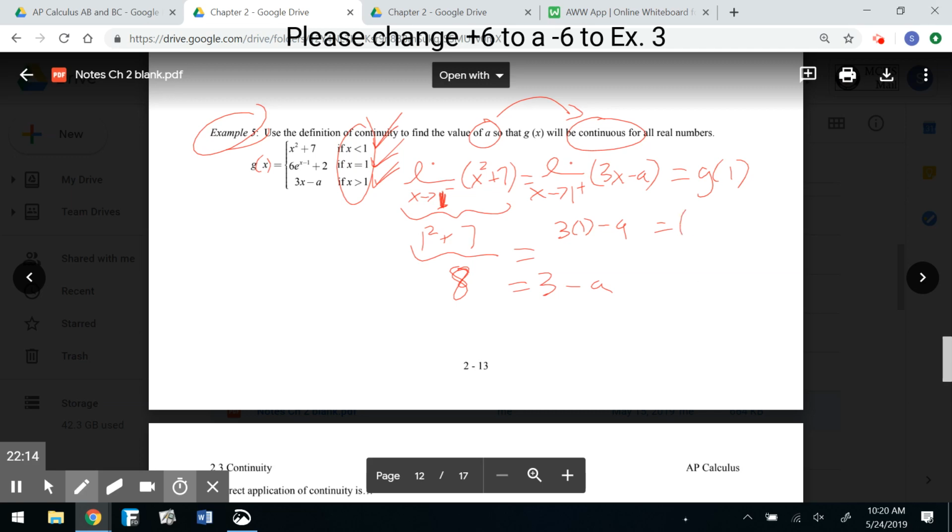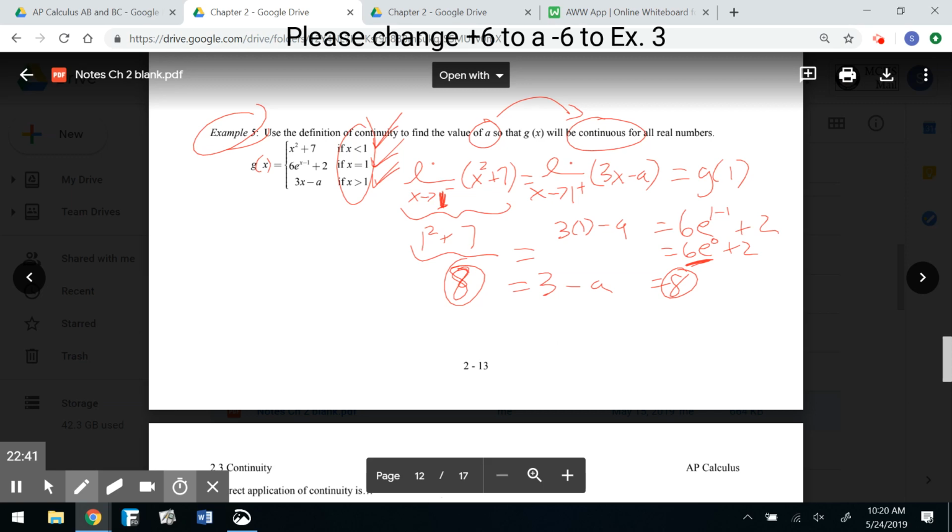Well, I'm going to use the middle one, put a 1 wherever there's an x, and use my math skills. That's 6e to the 0 plus 2. What is e to the 0? That's 1. So I get 6 times 1 plus 2, which is 8. Oh, snap, that equals that. That's a good thing, right?